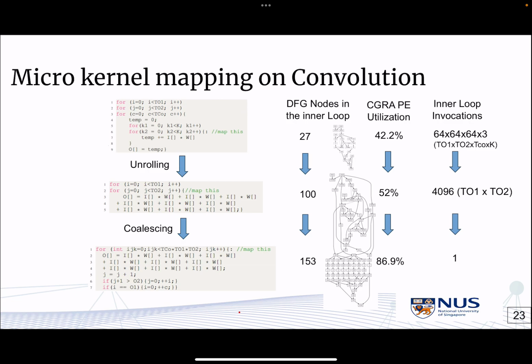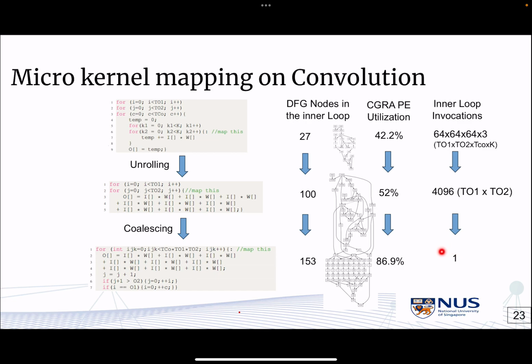This is the convolution kernel mapping. We can apply the same unrolling and coalescing techniques to convolution as well. By unrolling, we can increase the PE utilization to 52%, and after coalescing, the coalesced loop gives 86% PE utilization.